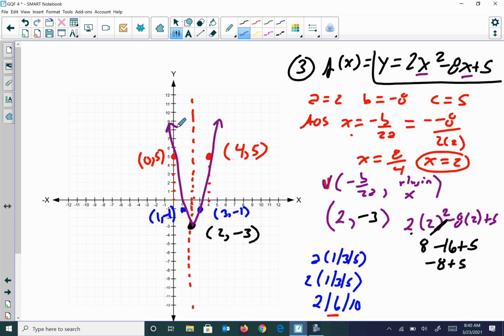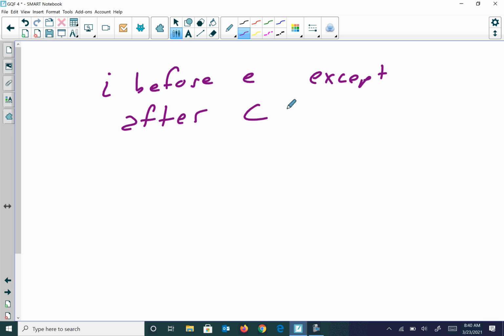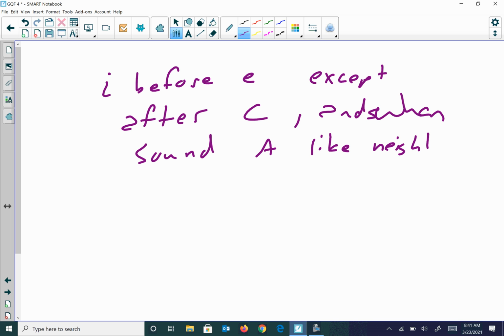I saw something funny the other day. You know the I before E rule, except after C, and when sounding like A, like neighbor and weigh.